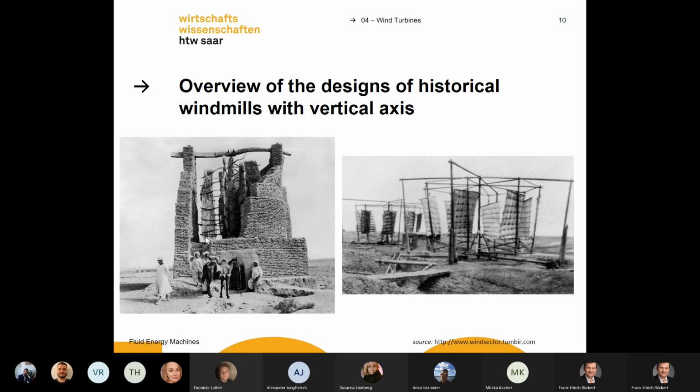Here you see some plates, and the plates were hit by the wind, and then the milling works. This is also a really old picture, maybe 150 to 200 years old, of an old windmill. It's also a vertical windmill in China.